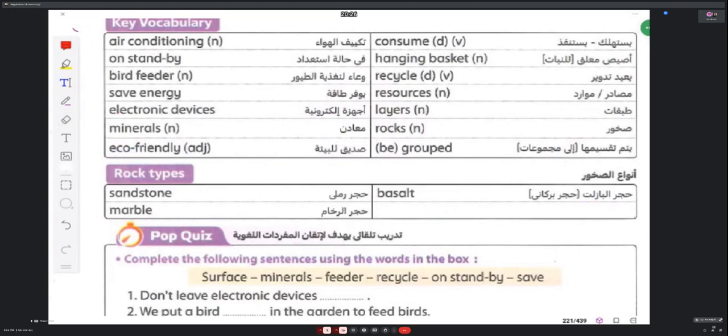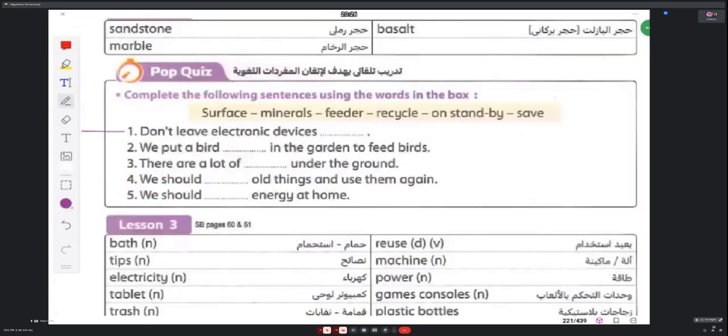The first sentence, Lamar: don't leave electronic devices. If you leave the electronic devices, they consume electricity.